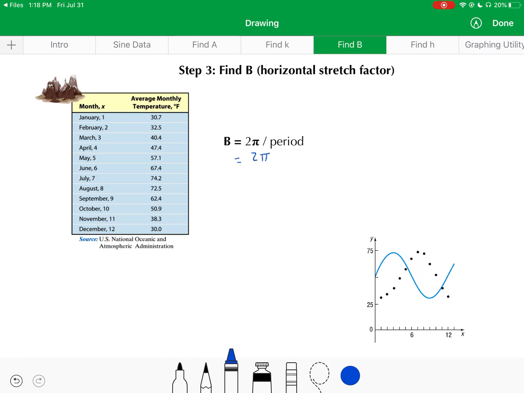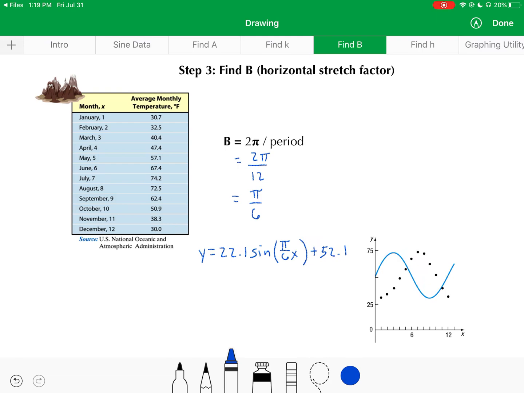So B is 2 pi divided by 12, which simplifies to pi over 6. Bringing that into play, the equation becomes y equals 22.1 times the sine of pi over 6x added with 52.1. You can now see that the blue curve has definitely been horizontally stretched from the previous curve that we saw, and is starting to model the width of that data set fairly well.